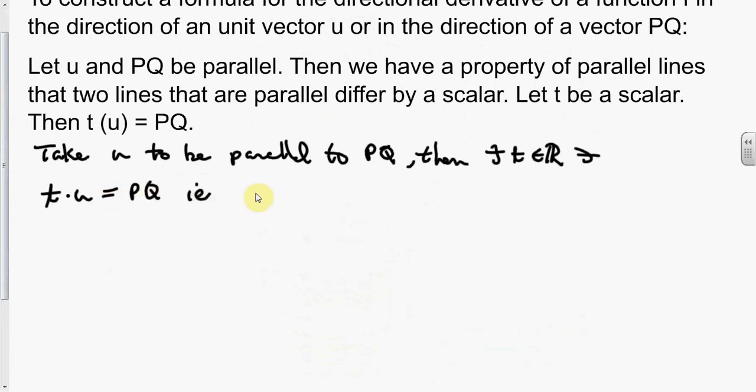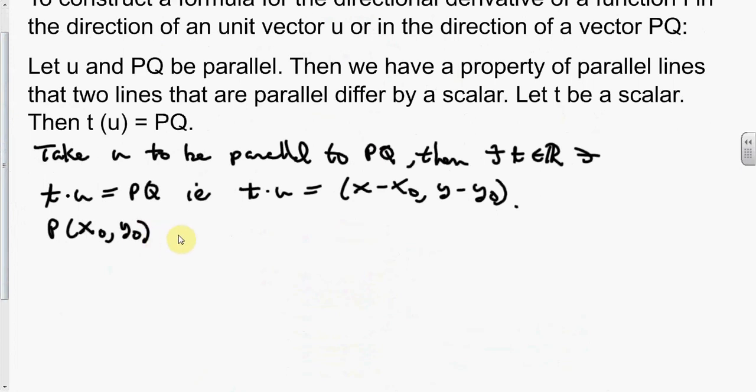That is to say that t times this vector u is equal to PQ. The coordinates here would be x minus x naught, comma, y minus y naught. So P has the coordinates x naught, y naught. Q has the coordinates x, y.